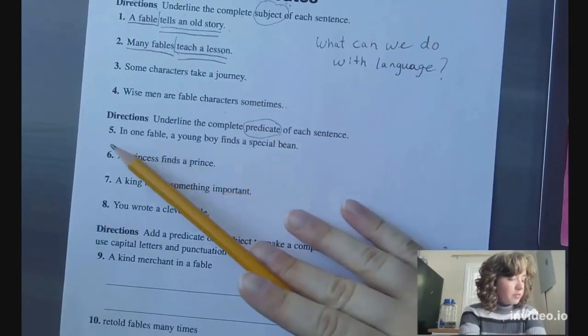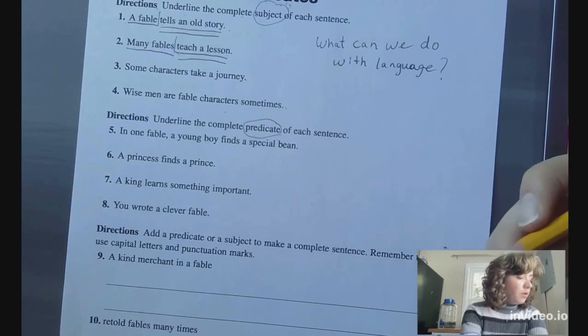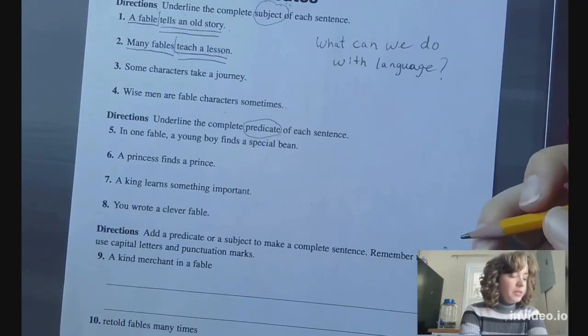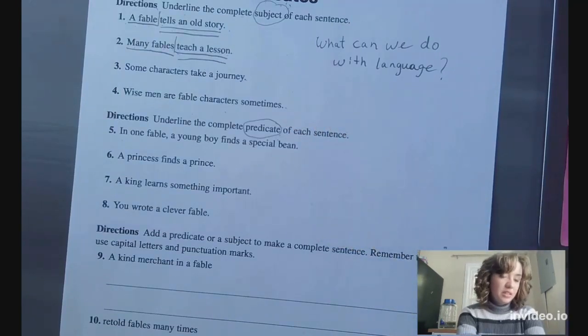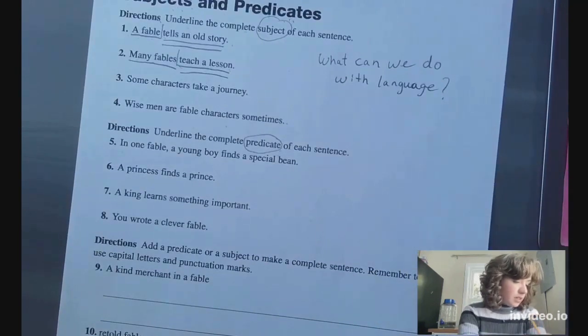In number 5, in one fable, a young boy finds a special bean. In one fable, a young boy finds a special bean. I'm going to underline the predicate twice. I'm going to take the time to think of what I think is the subject first. Let's see.